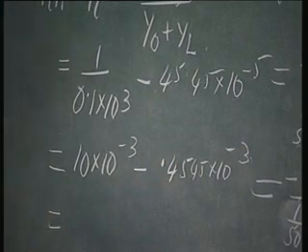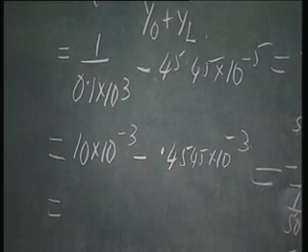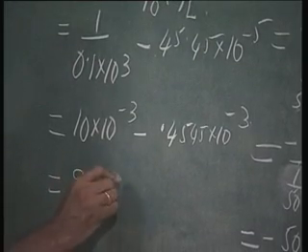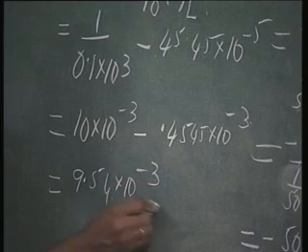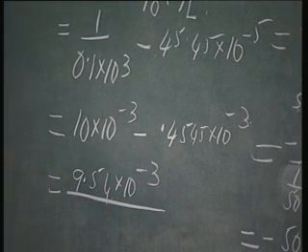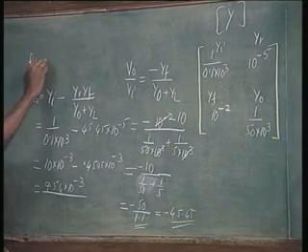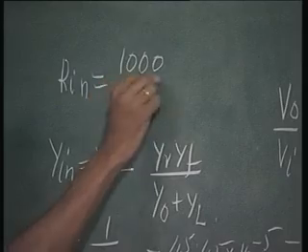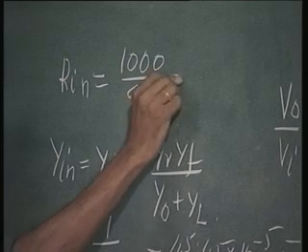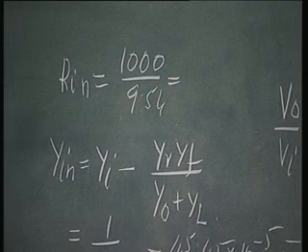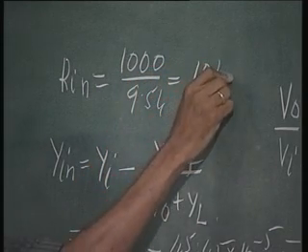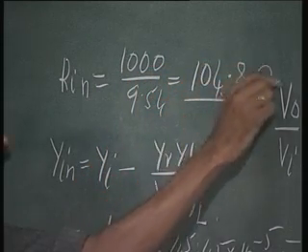It comes to 9.54, which means that Rin is equal to 1000 divided by 9.54, which is 104.8 ohms.